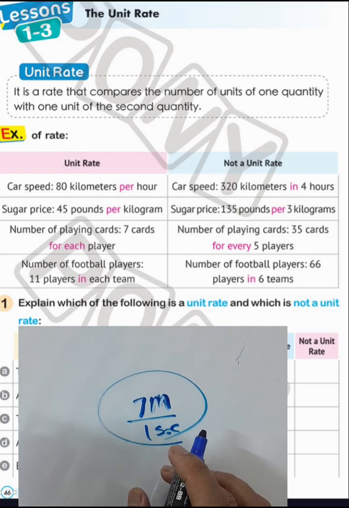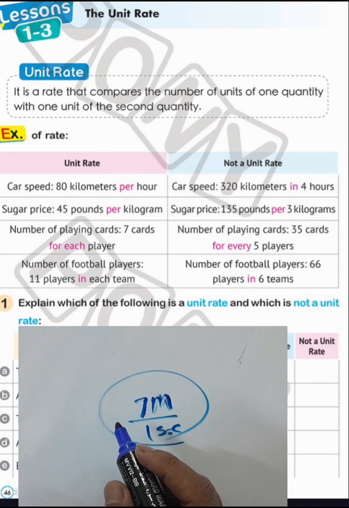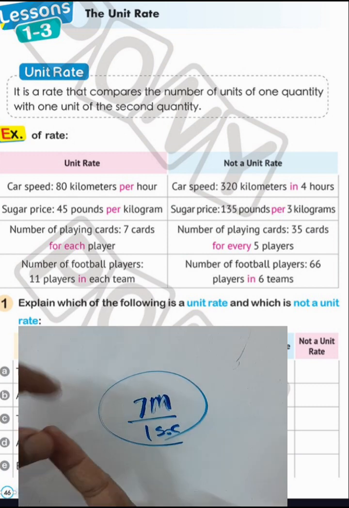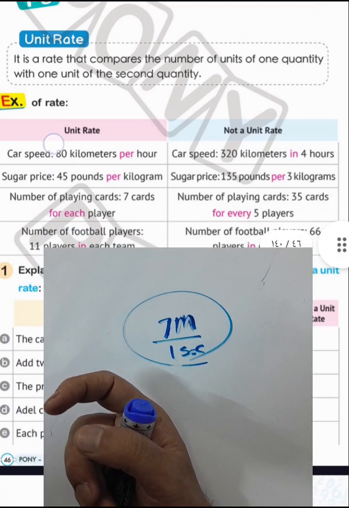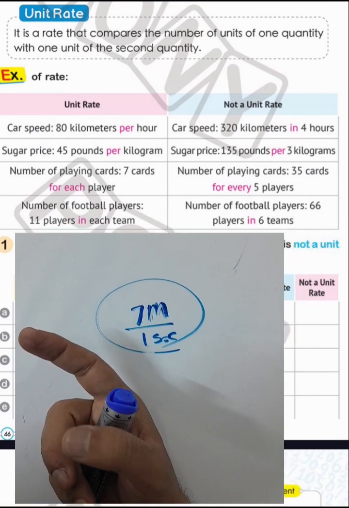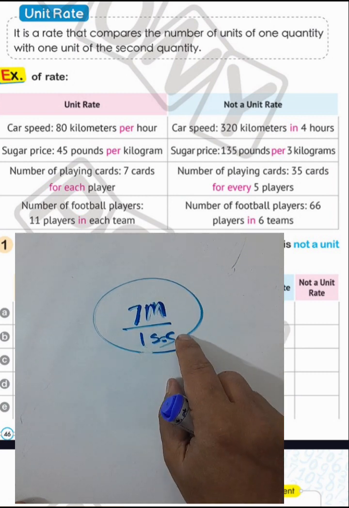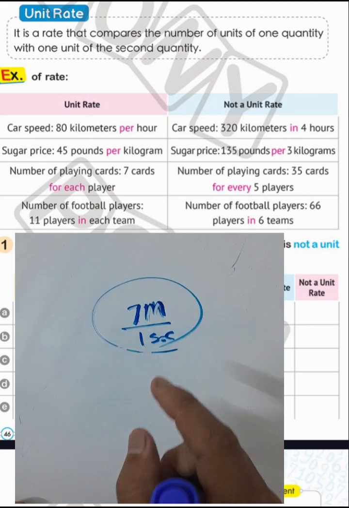Unit rate means the denominator equals 1. Or sugar price 45 pounds per 1 kilogram. Then for the unit rate, the denominator equals 1. Understood? The unit rate means comparing two quantities where the number in the units is 1. Here, the number of units in the denominator equals 1.